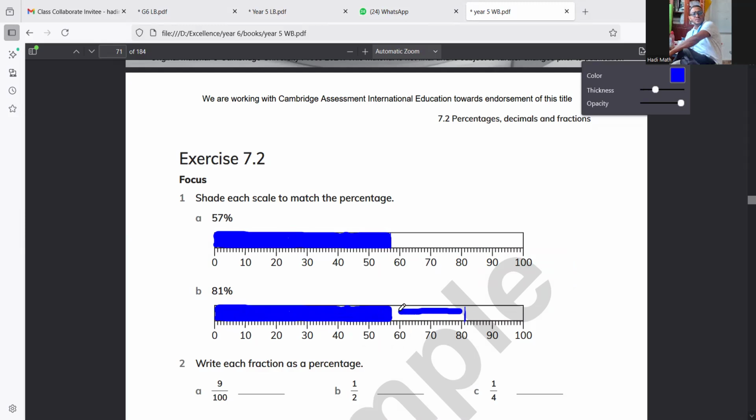You can complete this part this way. Now you have shaded 81%. You can go to the other part in here.